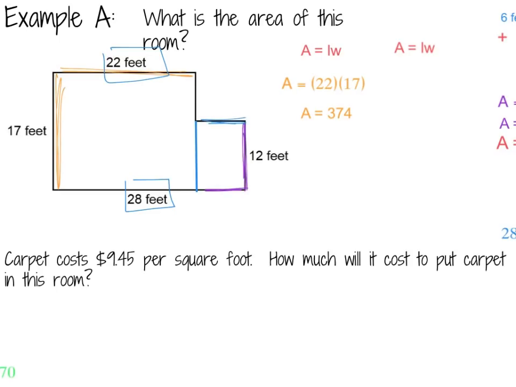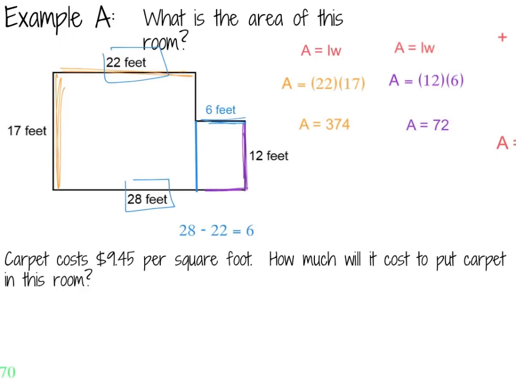So I'm going to take the 28 feet minus the 22 feet, and that's going to give me 6 feet. So I know the part that's left over is 6 feet. And that's the same on both the top or the bottom, but it doesn't matter because for my formula, I'm just going to plug in 12 times 6. I can multiply those 2 together, and when I do that, I get 72.